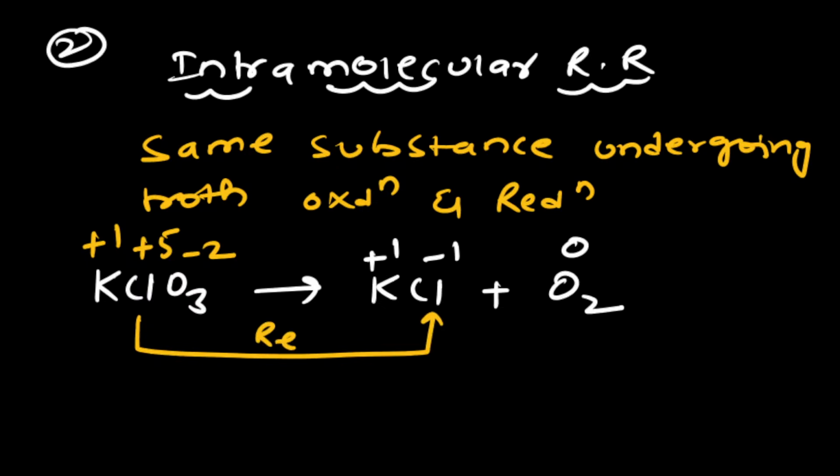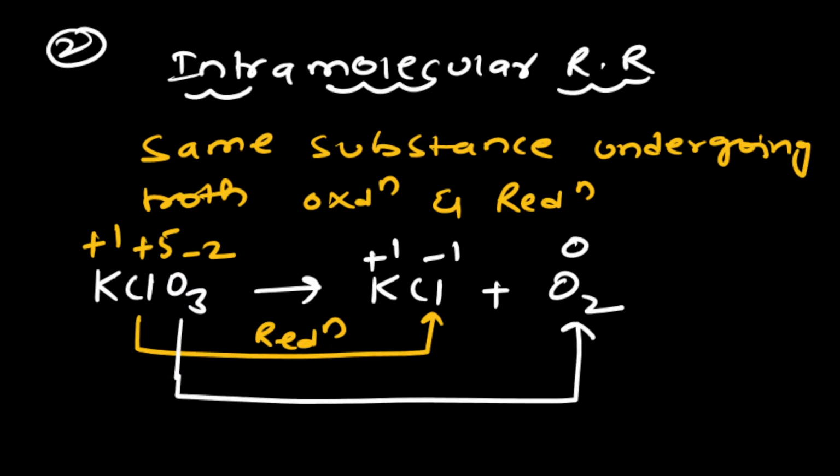It is reduction, gain of electron, because +5 to -1 it has come. Now the oxygen case, -2 to 0 it has come, which means oxidation, right? Means in the same substance, one element is undergoing oxidation, one is undergoing reduction. Clear? This is known as the intramolecular redox reaction.